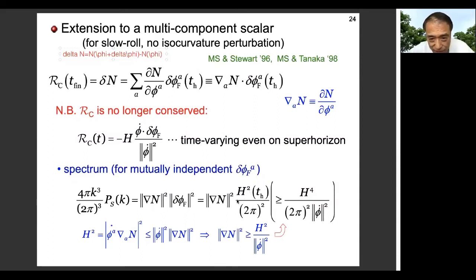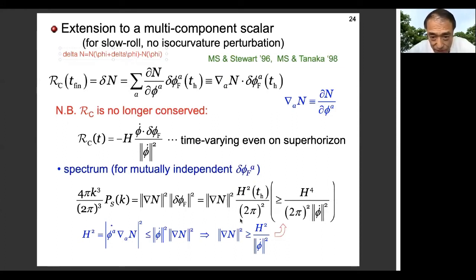Sorry, I didn't exactly talk about this, but this is the quantity you would obtain for any type of scalar field fluctuations, as long as their mass is sufficiently lighter than the Hubble scale during inflation.